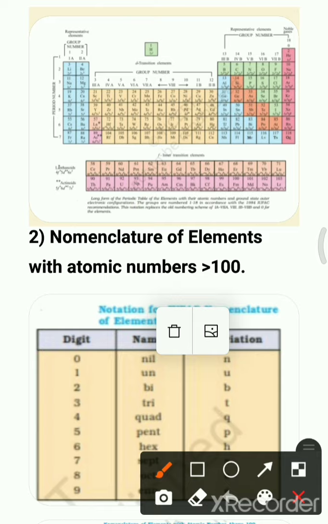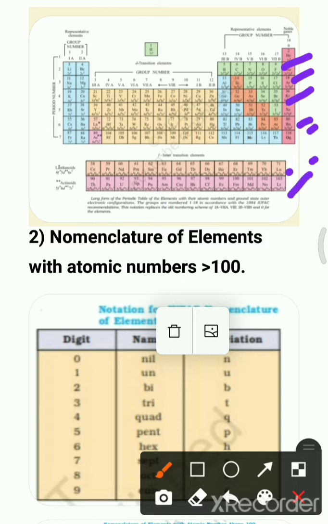The subsequent periods consist of 8, 8, 18, 18 and 32 elements respectively. You can see that the first has two, and from the second row onwards it changes to 8, 8, then 18, 18, and the last is 32.